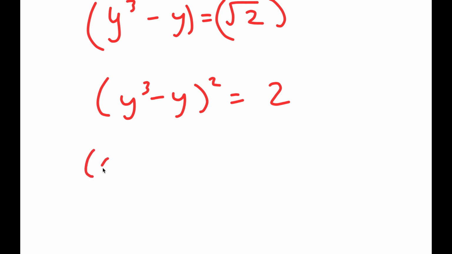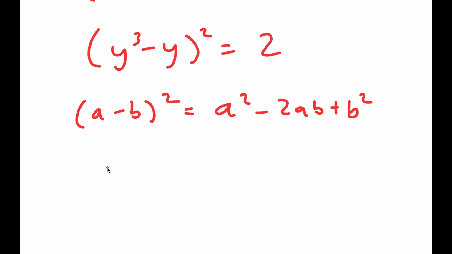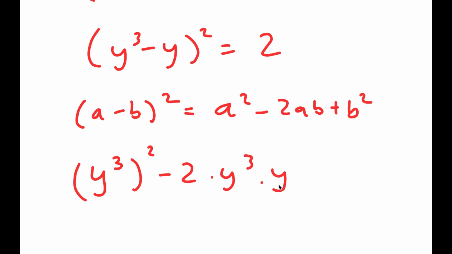So now if I have something in the form a minus b squared, this is equal to a squared minus 2ab plus b squared. So this is going to turn into y to the power of 3 to the power of 2 minus 2 times y to the power of 3 times y plus y squared.